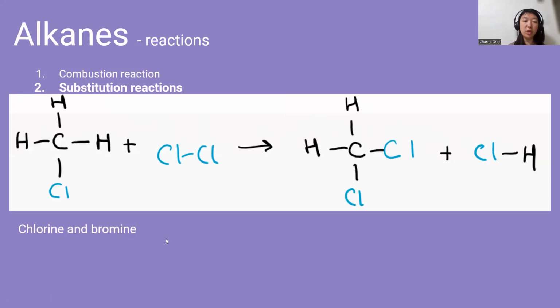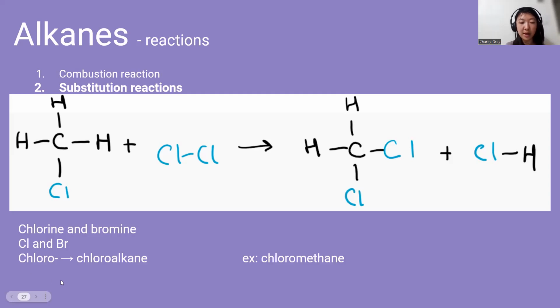And so the 2 really important items you want to know for substitution reaction with alkanes: alkane substitution reaction requires UV light, and chlorine and bromine are the ones you need. For naming chlorines, all you do is add the chloro prefix in front of the word alkane. So for example, for methane here, this atom is called chloromethane because it has 1 chlorine in front of the methane, right?